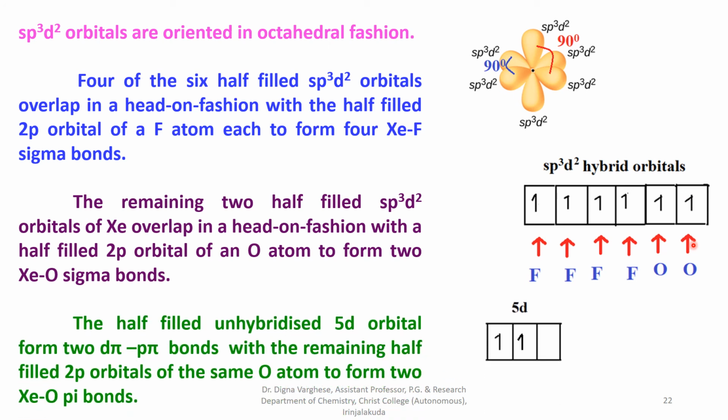The half-filled unhybridized 5d orbitals form 2 dπ-pπ bonds with the half-filled 2p orbital of the same oxygen atoms, forming 2 new Xe-O pi bonds.